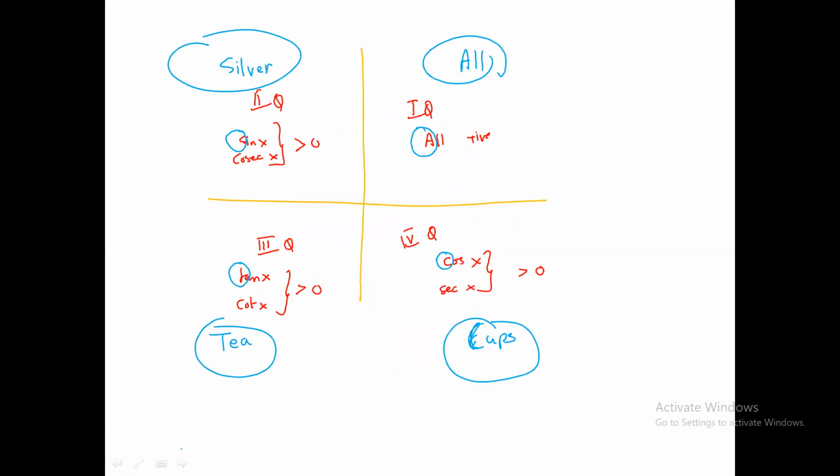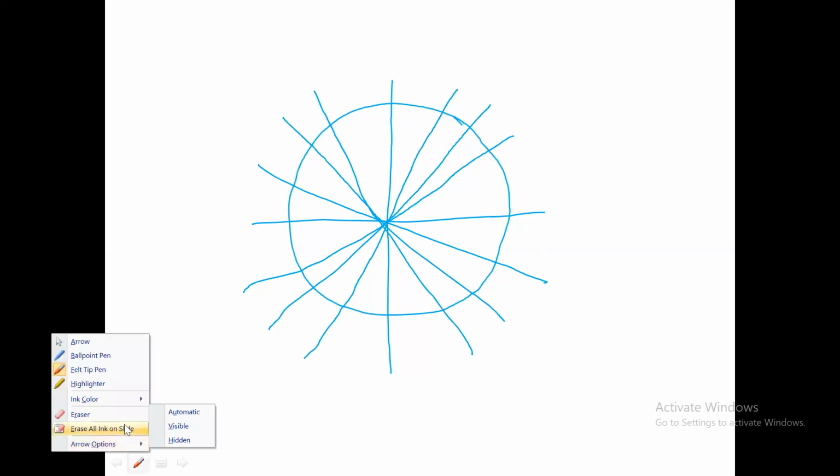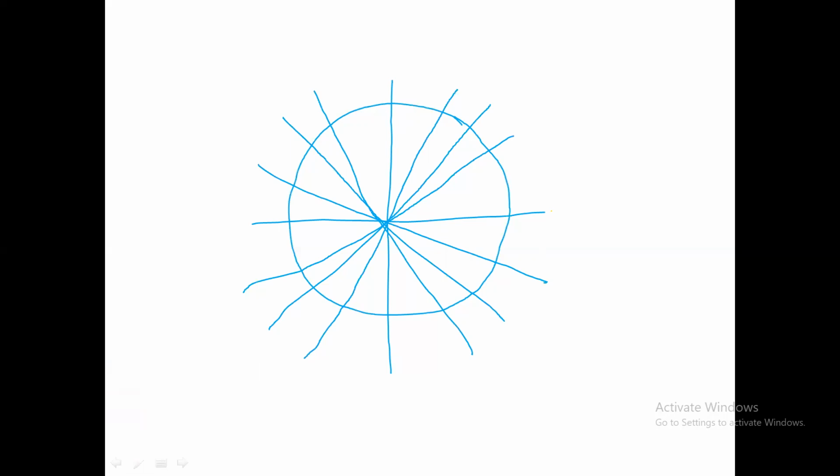Now I will write the angles for all these. I'll start with 0 degrees, plus 30 degrees, plus 15 is 45 degrees, plus 15 is 60 degrees, plus 30 is 90 degrees. So what I'm adding is 30, 15, 15, 30.